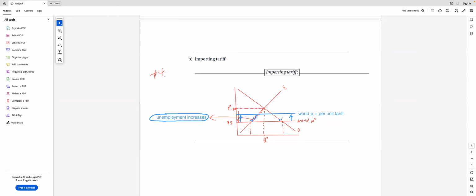But the domestic consumers also demand less. So the quantity demanded decreases and the quantity supplied increases.